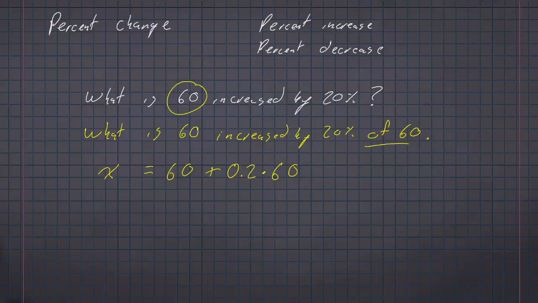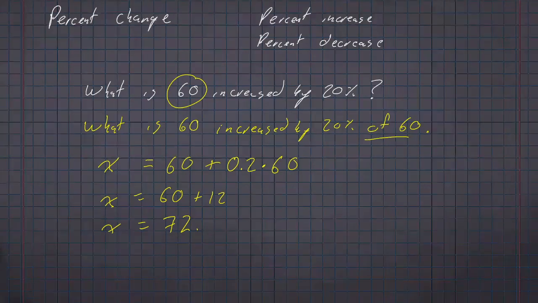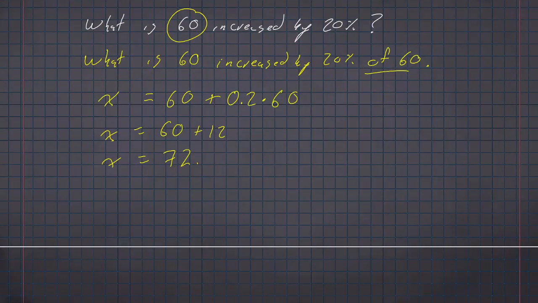Then performing this in 2 steps. 0.2 times 60 is 12, and 60 plus 12 is 72. So if we start with 60 and we increase by 20%, we get to 72.